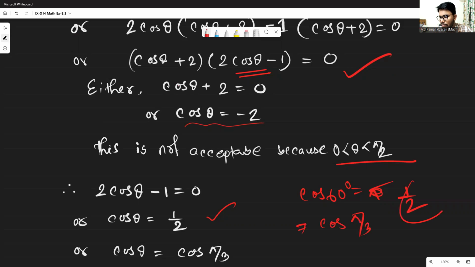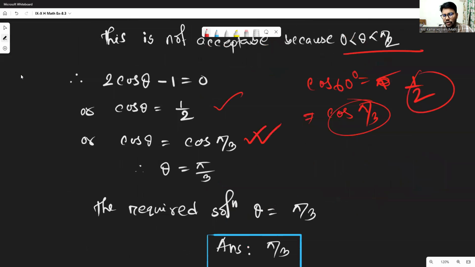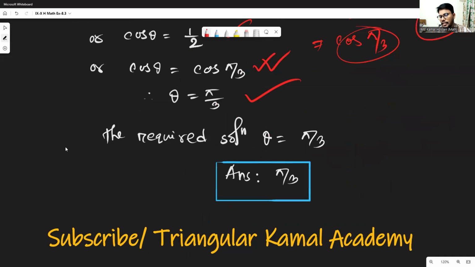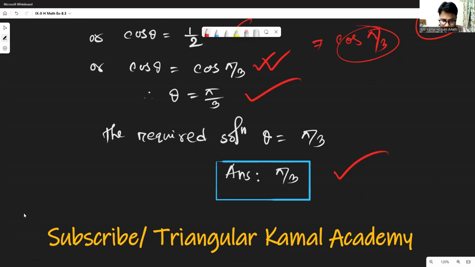So half means cos pi by 3. Now we can eliminate cos from both sides. So theta is equal to pi by 3, which is our required answer. So now question number 2 is done. Its answer is pi by 3, or you can write 60 degree.